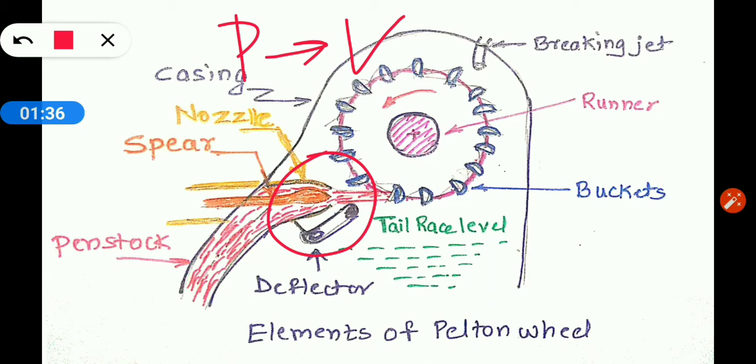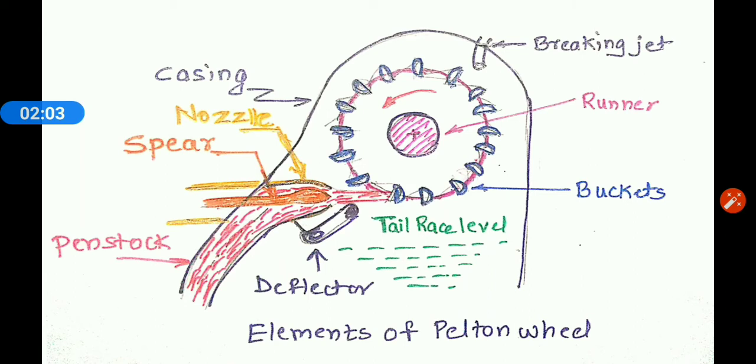When the jet strikes the turbine, it is at atmospheric pressure. When the jet is gliding over the buckets, the pressure is also atmospheric. And when the water falls down into the tail race, the pressure is also atmospheric. So the pressure is constant the moment the water comes out of the nozzle. So that is the function of the spear and nozzle.